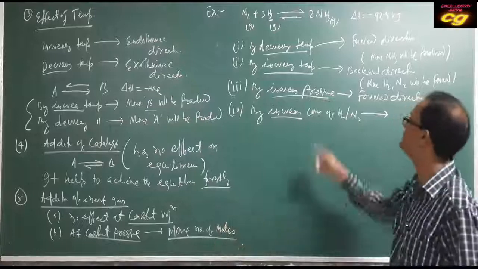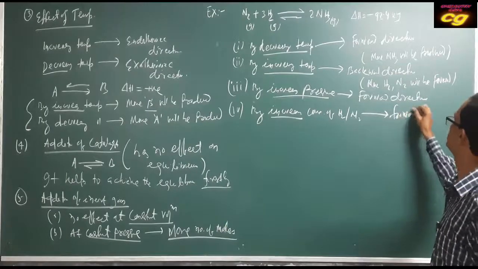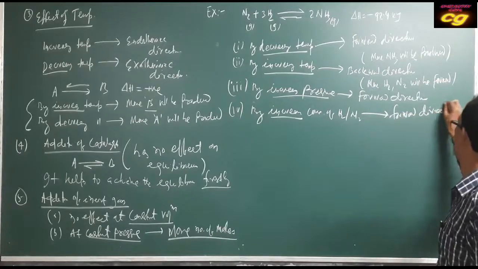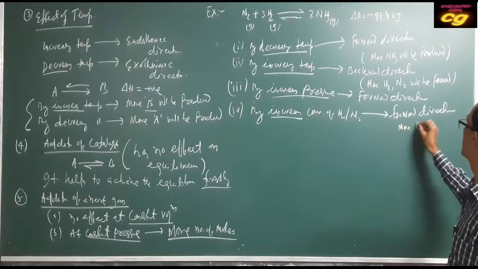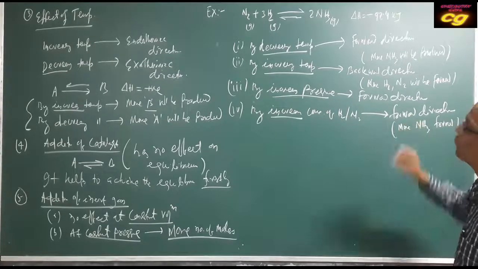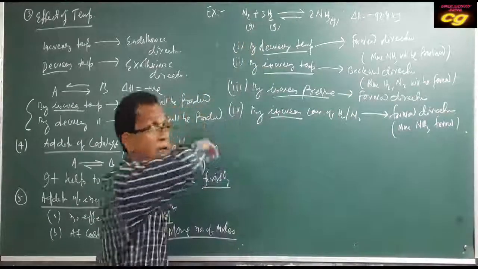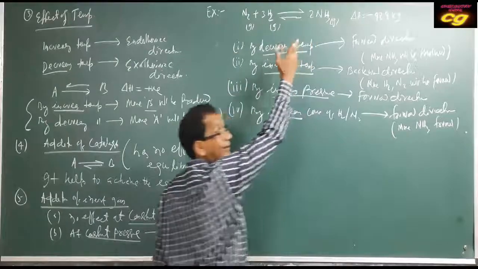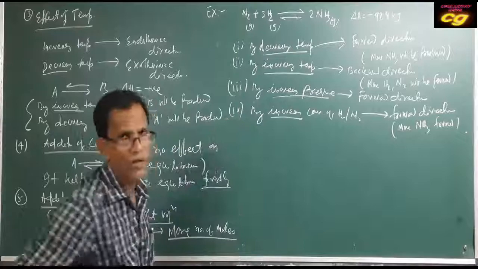So by increasing concentration of hydrogen and nitrogen, it goes in the forward direction, meaning more ammonia will be formed. If you take more ammonia, then more nitrogen and hydrogen will form, because it is equilibrium.